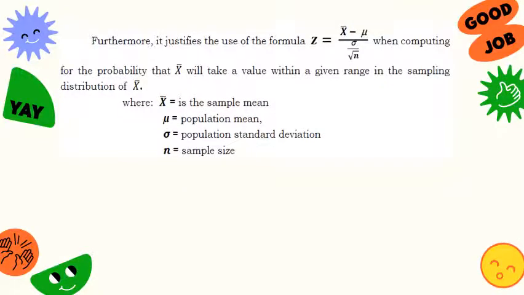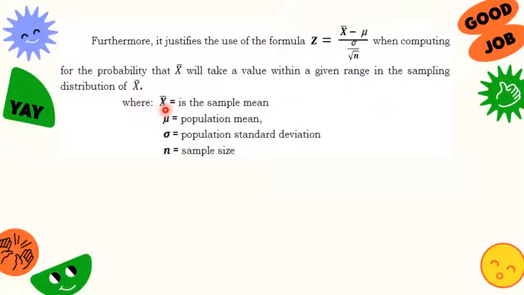Furthermore, it justifies the use of this formula, okay, when computing for the probability that the sample mean will take a value within a given range in the sampling distribution of X. So, ginagamit daw natin ito kung gusto nating malaman kung yung ating sample mean ay within ba dun sa given range in the sampling distribution of the sample mean.